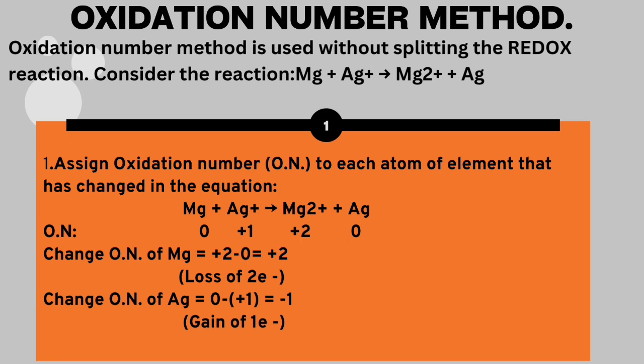Magnesium with 0, silver plus with +1, magnesium 2 plus with 2 plus, and silver with 0 oxidation number. Then the change in oxidation number of magnesium from the reactant to the product side is +2 minus 0 equals +2. There is loss of 2 electrons, and for the silver there is gain of a single electron.